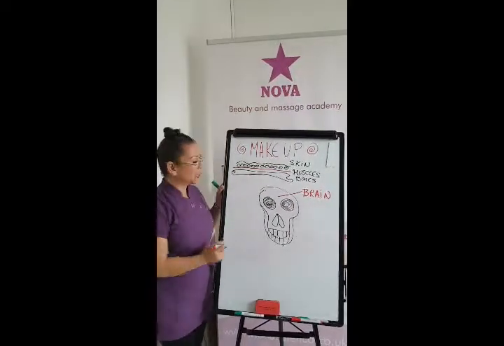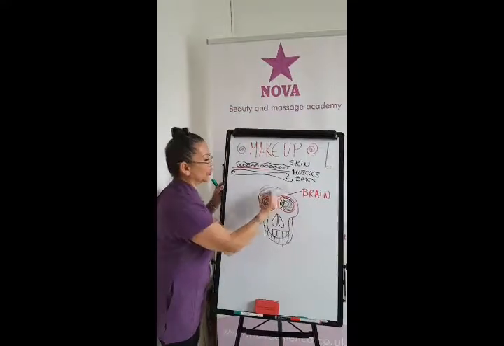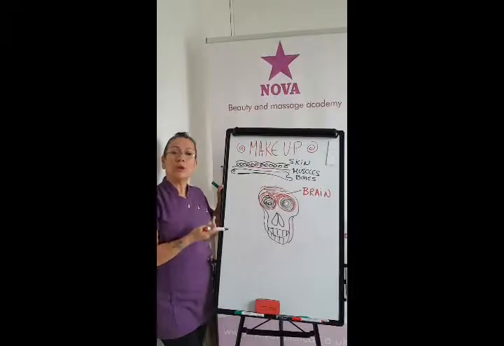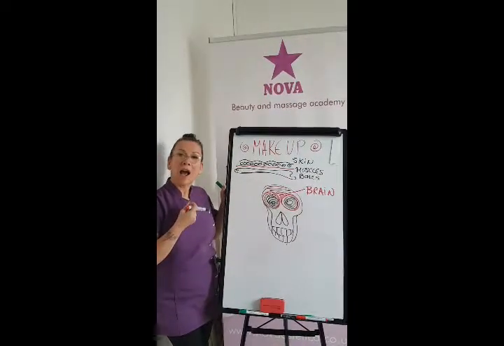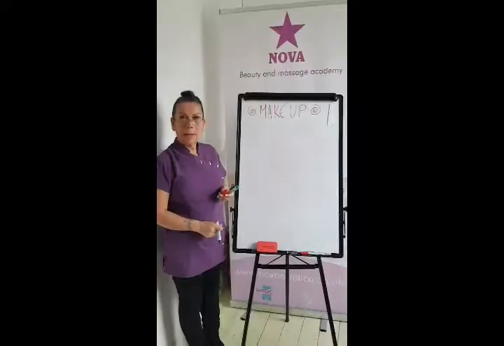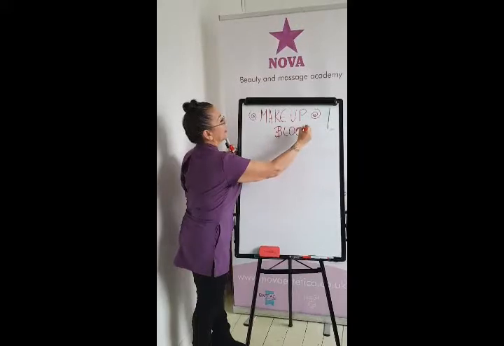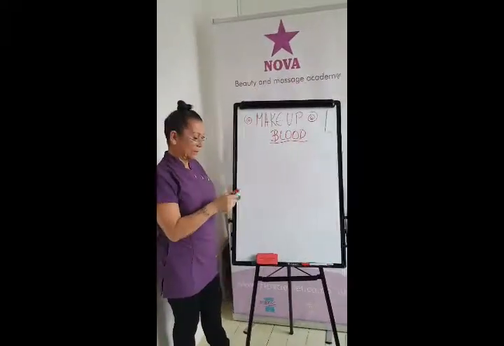It's important that you learn all the names, all the functions, because you need to know what's going on behind that beautiful face that you enhance. Blood. Blood is a very important fluid in the human body.